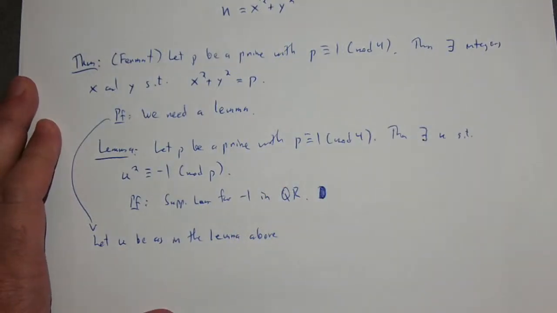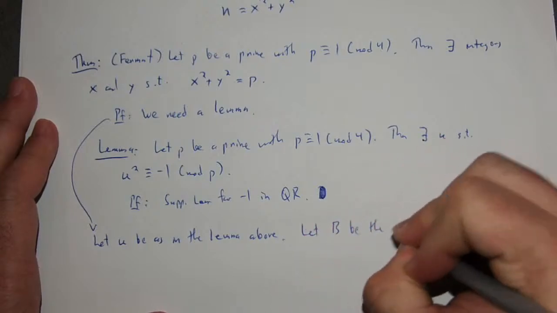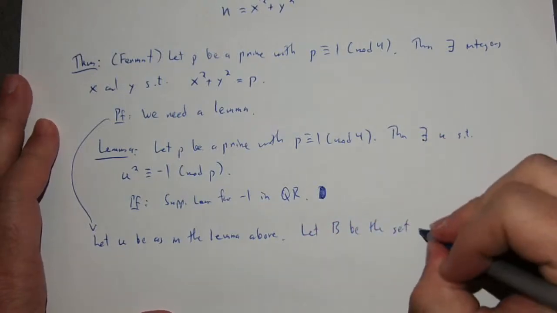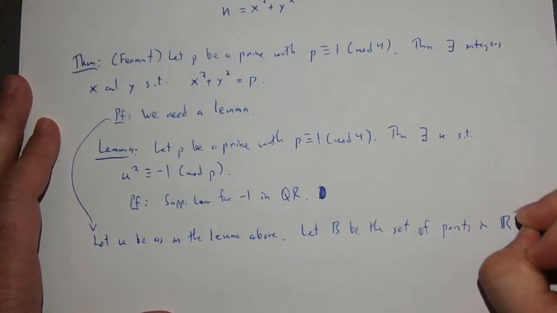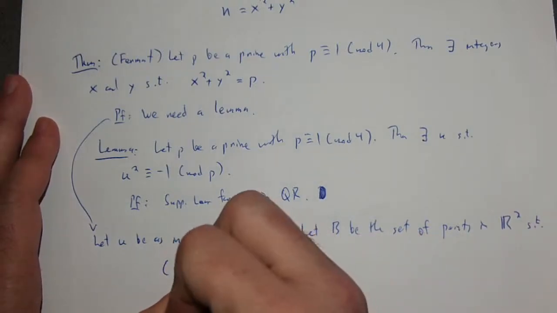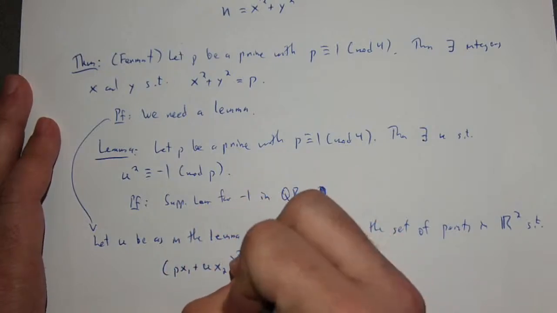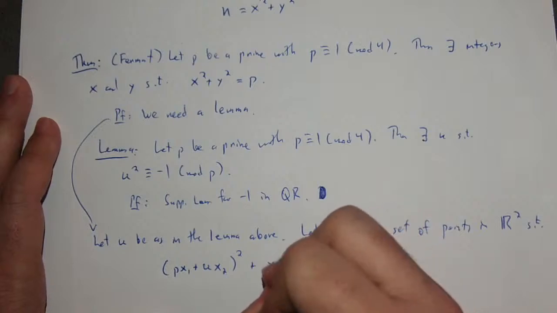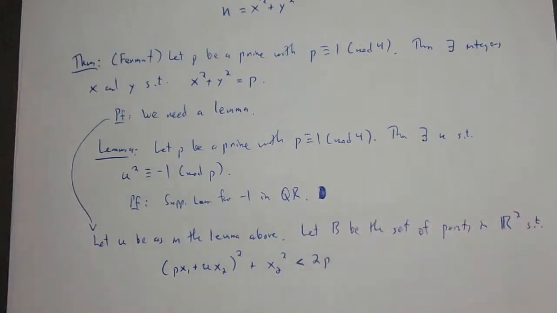Let B be the set of points in R2, the plane, such that (p x1 plus u x2) squared plus x2 squared is strictly less than 2p. The fact that we use the strict inequality here is important. I'll talk about that in a second.